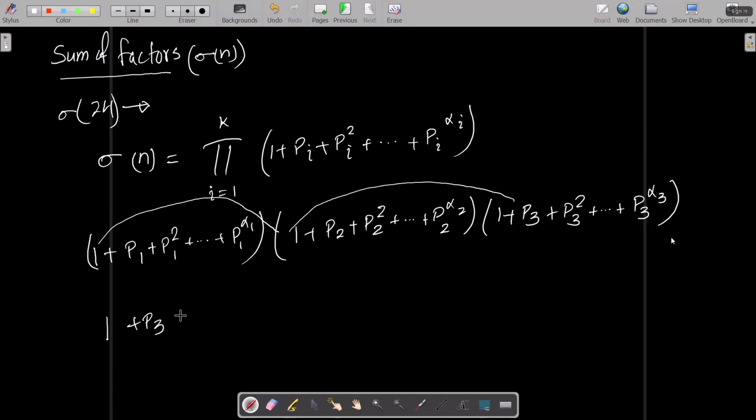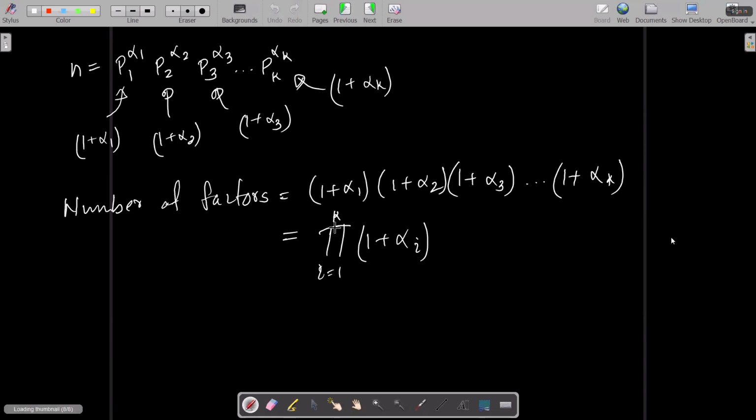Now this will give us a p3. Now let's say something like this. If we combine these three, this will give us 1 times p2 times p3 squared. Can you see that all the possible combinations, we have discussed about these combinations here. So can you see that all the factors are built with this product?